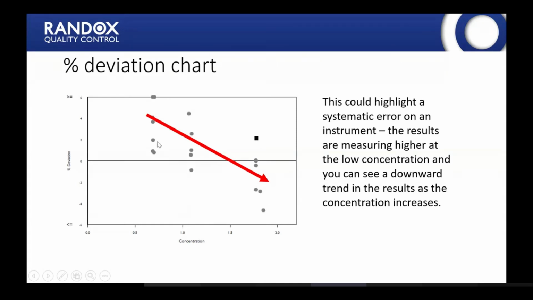So here we can see at the lower concentrations we're measuring higher, and at the higher concentrations we have a more normal spread of results on either side of the mean for comparison. So again, the lab will need to look at this lower concentration and see if there's any action they want to take to address the fact that they have this positive bias at the lower concentration level.